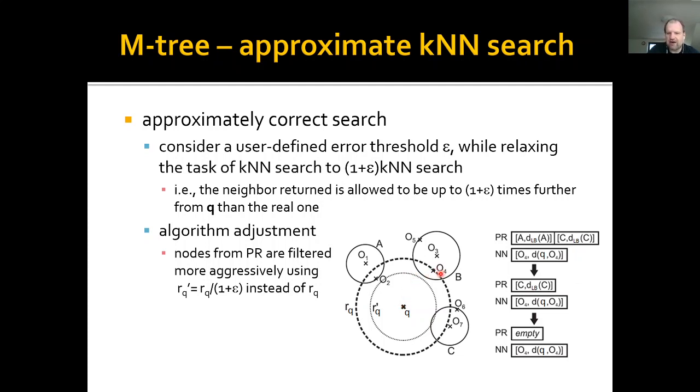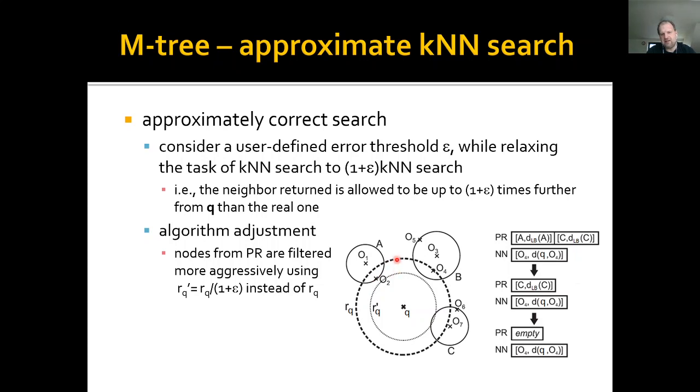So we are guaranteed that O4 is not further than a factor of 1 plus epsilon with respect to O2.